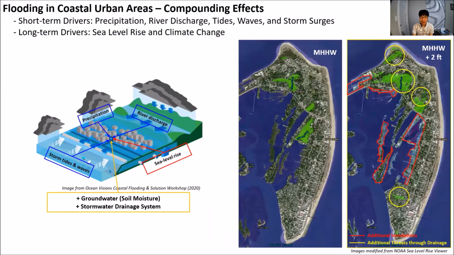For Tybee Island, as you can see in these right two figures, it is projected that the sea level rise can cause additional inundations, not only along the coastlines, but also in these yellow colored areas through hydrologic connections, such as canals or drainage. So using a numerical modeling framework, we want to understand these different drivers in a compound flooding event under various climate change scenarios.